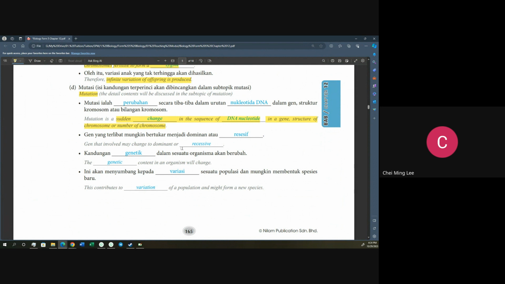The genes involved may change to dominant or recessive, and the genetic content in an organism will change due to this, which contributes to variation of population and might form a new species. For example, the white tiger. White tiger is very rare because it's actually due to a mutation.